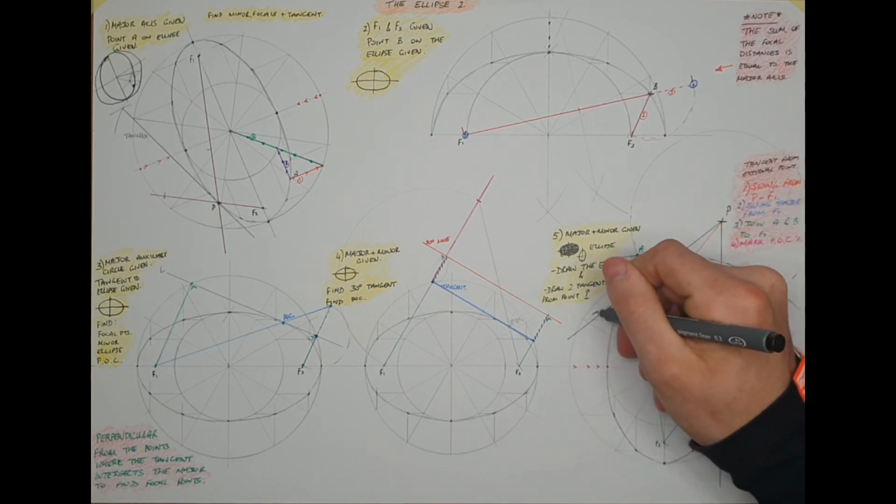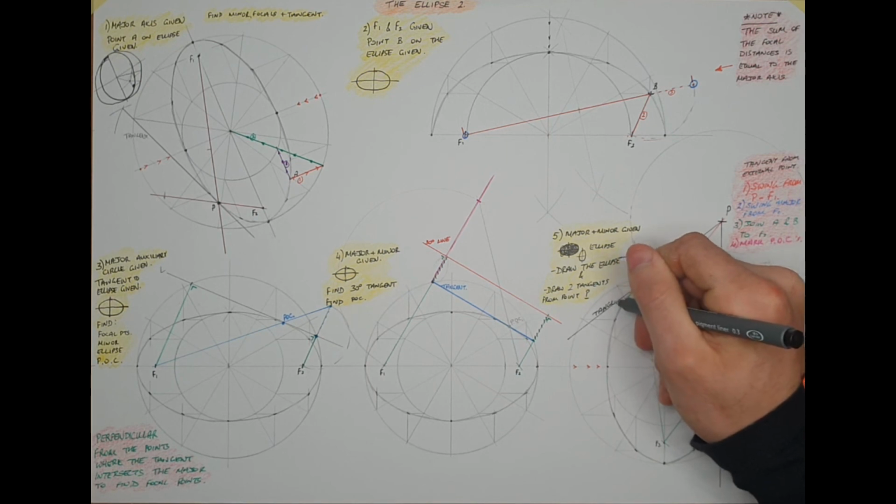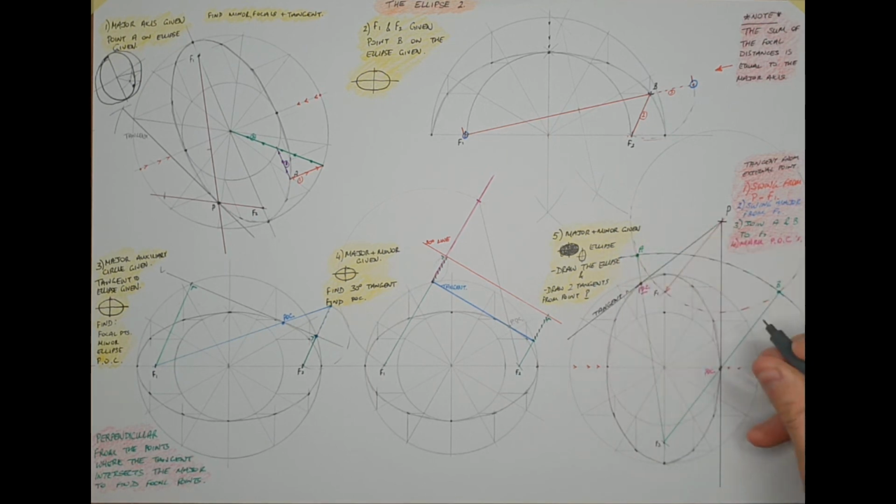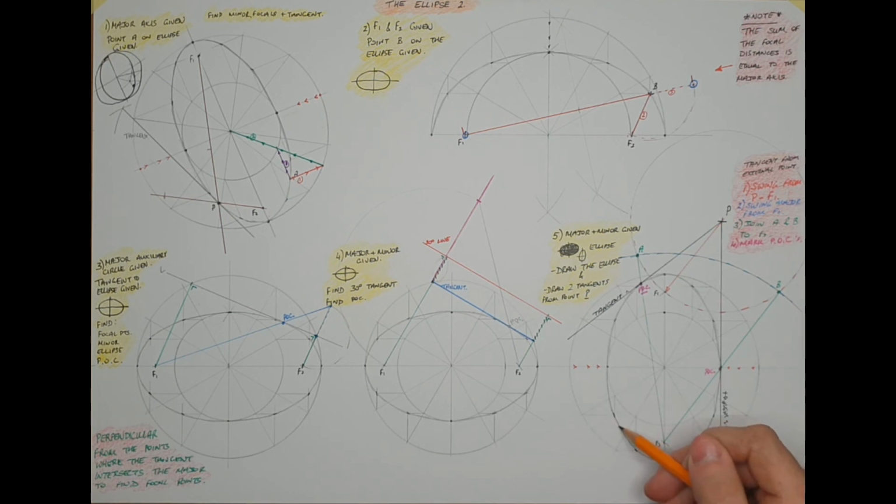So I'll take note of those as tangent number 1 and tangent number 2. If the tangent is from a point on the curve, there's only one possible answer. But when it's from a point outside the curve, an external point, there's always two possible answers.